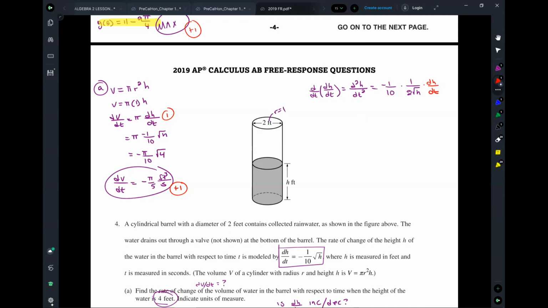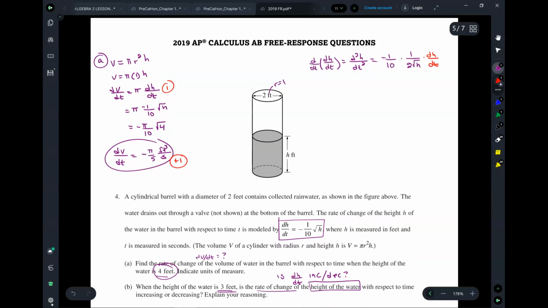So it's negative 1 over 10 times the derivative of the square root of something. The long way is you could say this is h to the power of 1/2, then bring in the 1/2. Or let's just memorize that the derivative of root x is 1 over 2 root x. So it's the derivative times dH/dt.